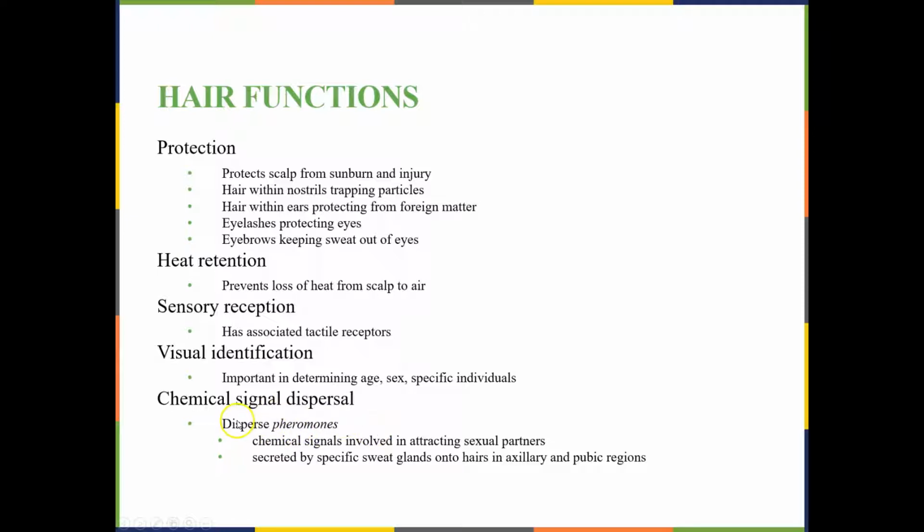Another thing that hair does is it helps us to send out pheromones. A pheromone is a chemical that helps in attracting the opposite sex, so it helps us in finding a mate. Pheromones are real.